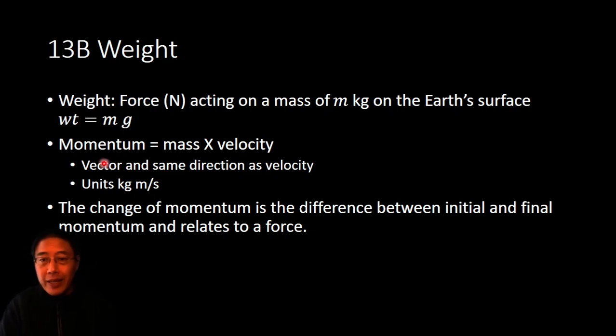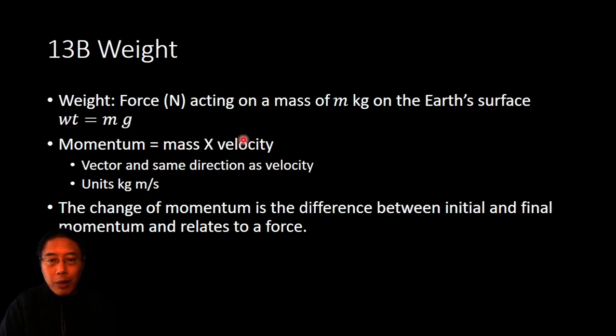Okay. Next is the momentum. The momentum is the mass times the velocity. Mass is a scalar amount. Velocity is actually a vector, so the momentum is also a vector. It will have the same direction as the velocity. The units, simple product.